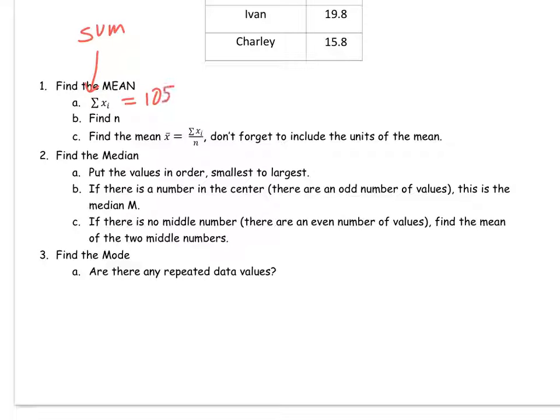So 105.8 plus 45.6 plus 27.8 plus 20.6 plus 19.8 plus 15.8. Remember, addition is commutative, so it doesn't matter what order we add in. You should get 235.4 for this answer.